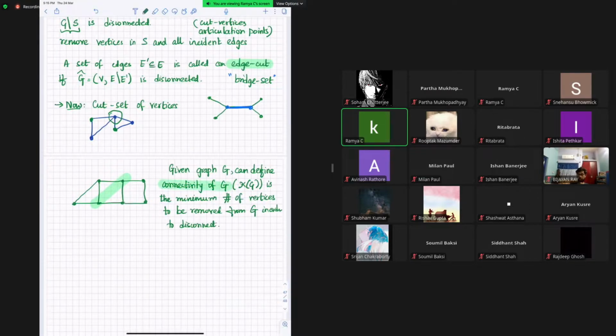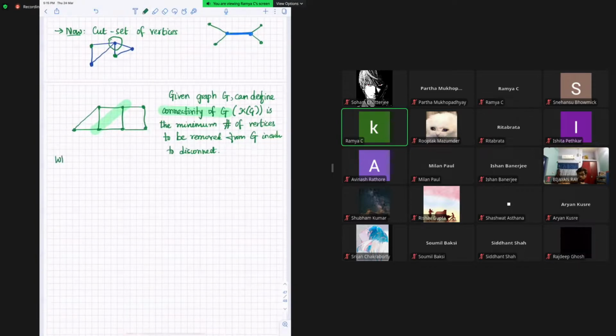So for example, what is the connectivity of the complete graph on n vertices? Okay. So we will usually say it is n minus 1 in the sense that one vertex will remain, right? So it's sort of disconnected. So as long as you isolate that vertex, you can say that the graph is disconnected because we are looking at simple undirected graphs and there is no path from that vertex to itself.